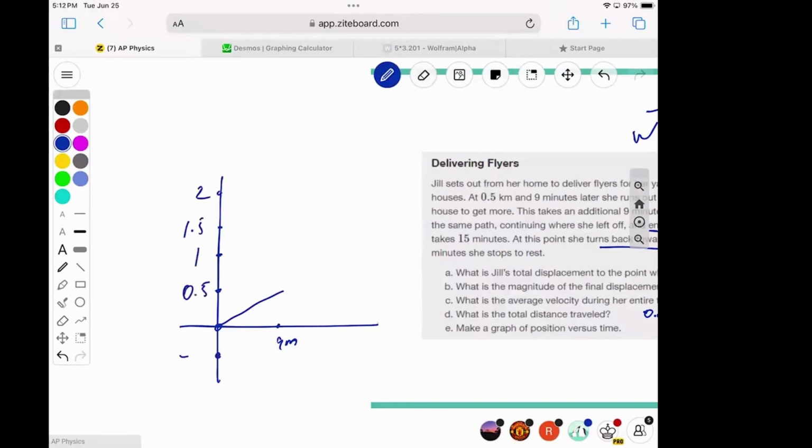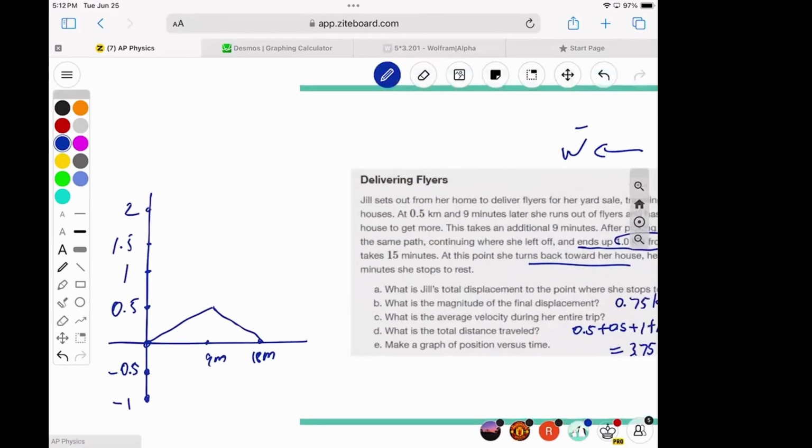And I have negative 0.5, negative 1, and that's my coordinate, right? And then 9 minutes later, I get back home. So this is at 18. This is t measured in minutes, and this is x measured in kilometers.